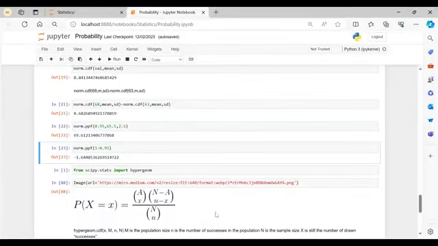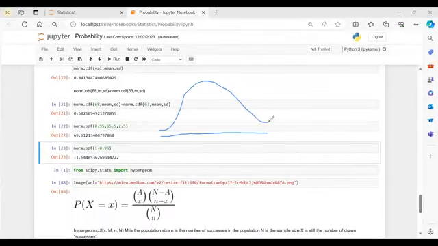Okay. So let me quickly show you what PPF is. Suppose this is my normal distribution. Firstly, let's suppose this first problem: I want to find out the probability of getting a number between this particular range, which is 63 and 68.